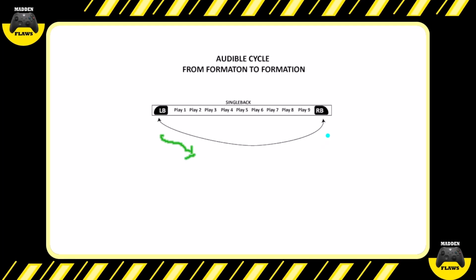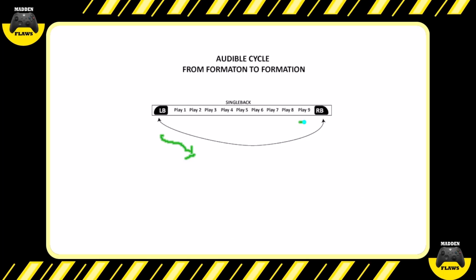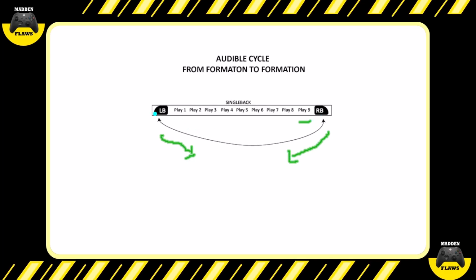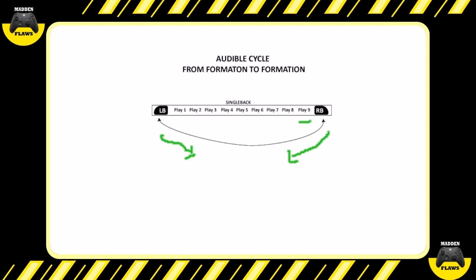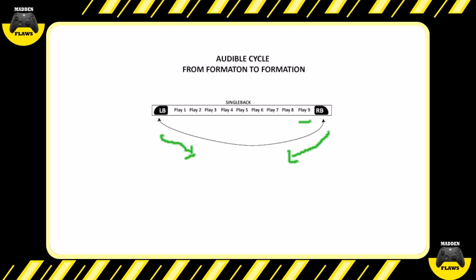When you're on play number 9, you basically start going back this way. So it just toggles once you get to the very edge when you only have one style of formations. So it's not that big of a deal. At the beginning of the list, you LB, you end up at the end. At the end of the list, you RB, you're back at the beginning.